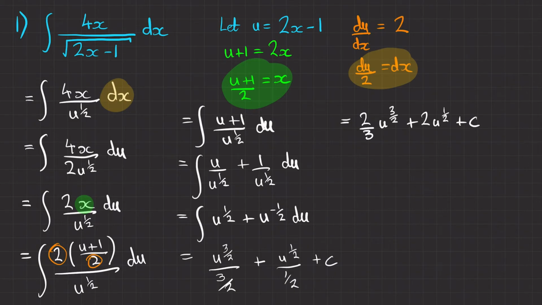We can substitute our u value back in, so we'll have 2/3 of 2x minus 1 to the 3 over 2 plus 2 lots of 2x minus 1 to the half plus c.